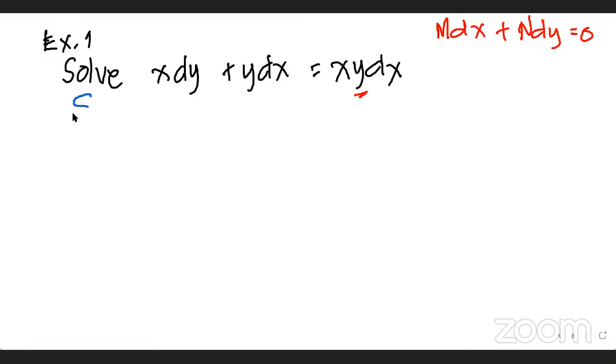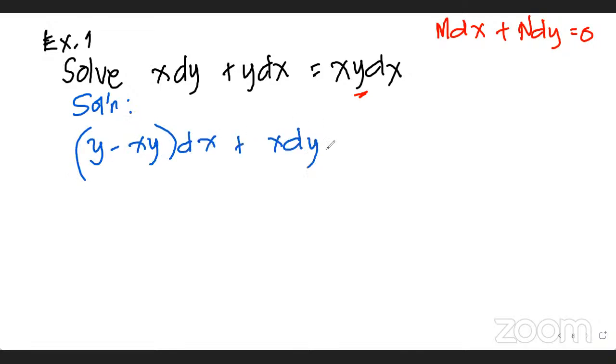Yan, solution. Ibahin ko na lang yung color. Transposing this to the left side will be, we will have y minus xy, nirekta ko na guys na, times dx plus x dy equal to 0.